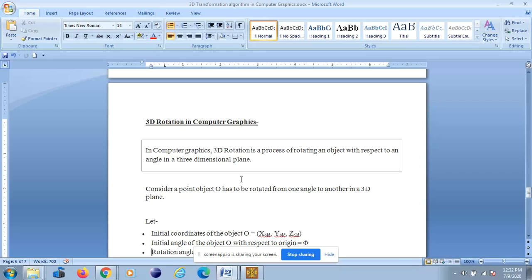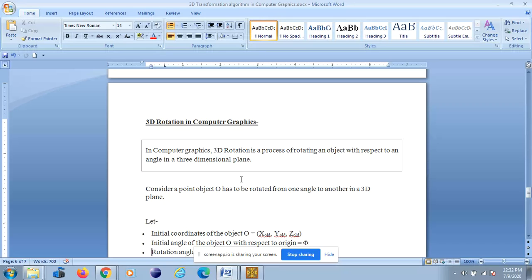So in the previous video I discussed 3D scaling. I hope you have all done that program at home and understood the scaling program.